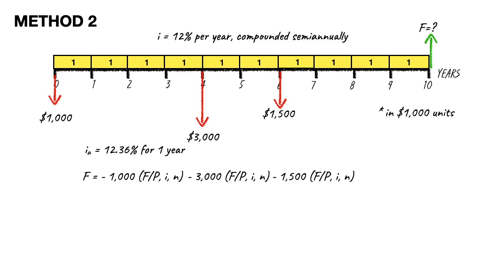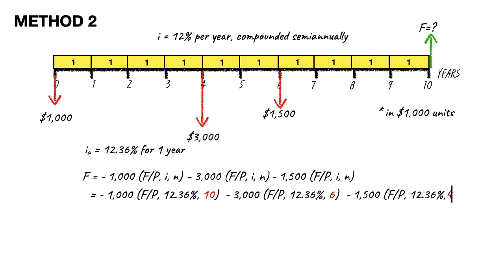Okay, kita tahu the effective interest rate for 1 year is 12.36%. Okay, for the $1,000 punya cash flow tu, dia punya N is a total of 10. Okay, kira berapa banyak blok dekat situ. Ada 10. For the $3,000, the N kalau you kira dekat bling-bling tu ada 6 sahaja. And then for the $1,500, the N kalau you tengok dekat bling-bling-bling tu hanya ada 4.